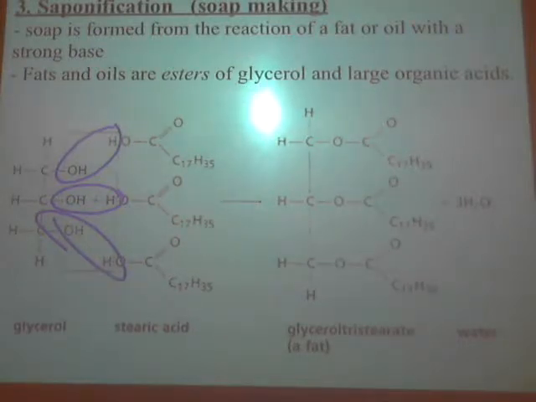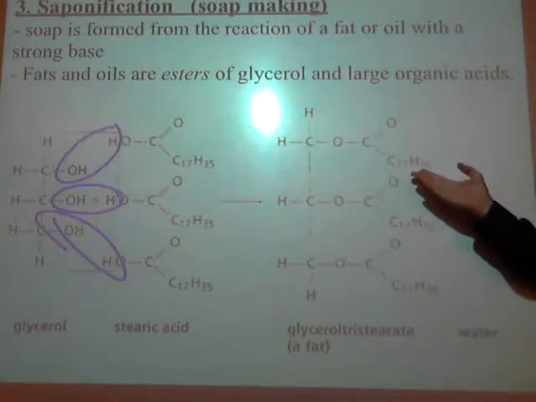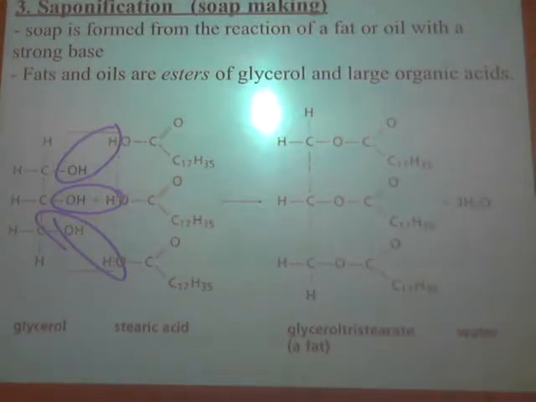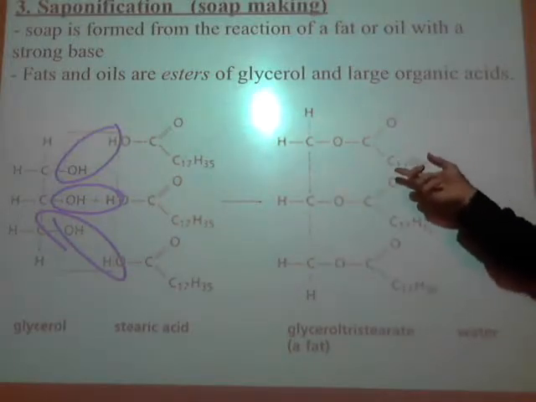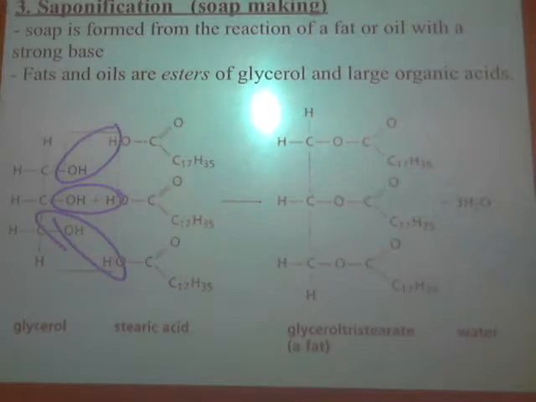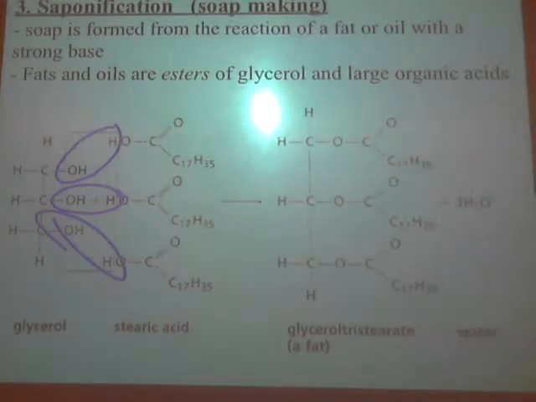So butter, lard, animal fat, that'll probably be more saturated fats. Vegetable oil, canola oil, peanut oil, more of those carbons would be double bonded instead of single bonded, more unsaturated, maybe a little shorter, and so they don't hold together as well. They don't have as strong intermolecular forces.